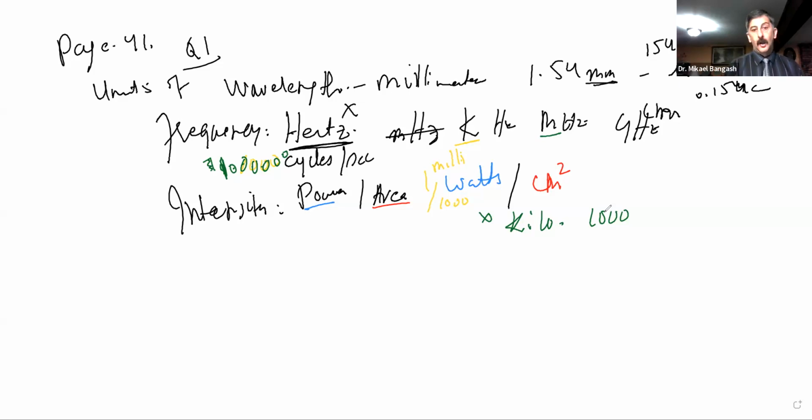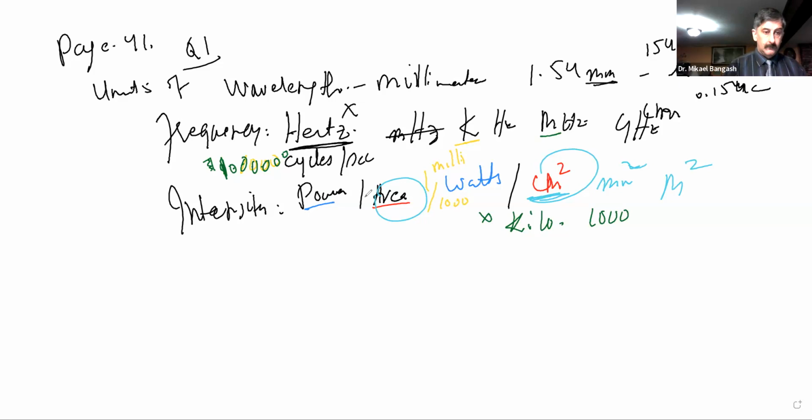Likewise, you can have any unit of distance. You can have a centimeter, millimeters, meters, micrometers, nanometers. As long as it's a unit of distance being squared, it will become area. Did you guys get that?